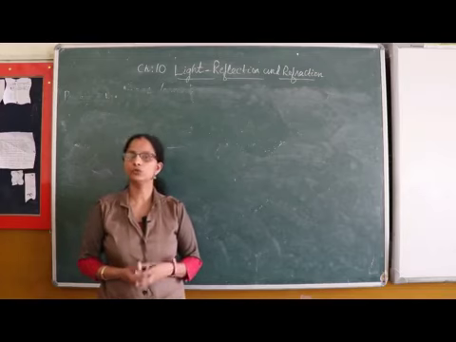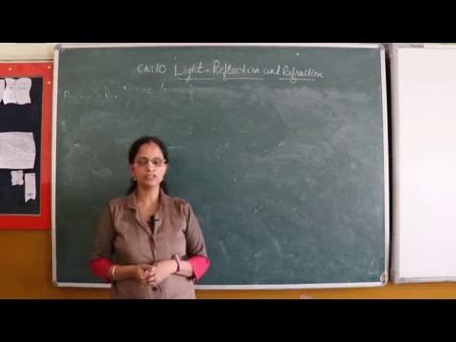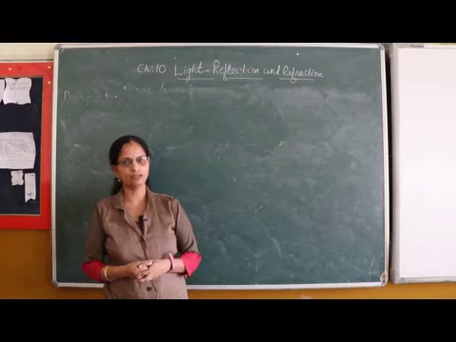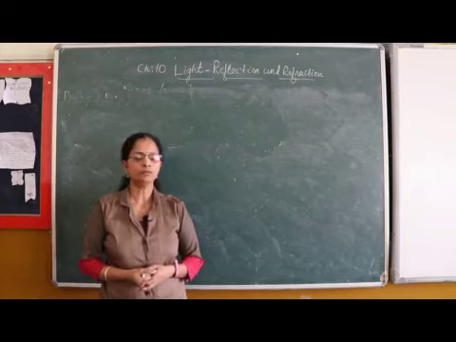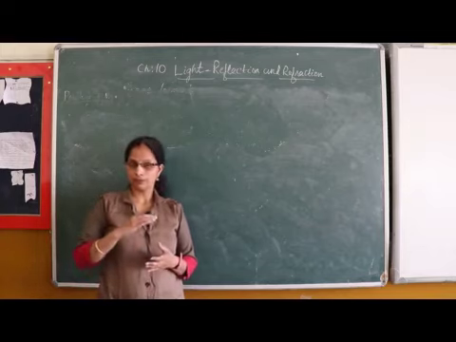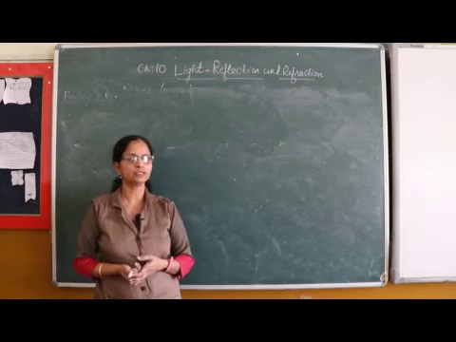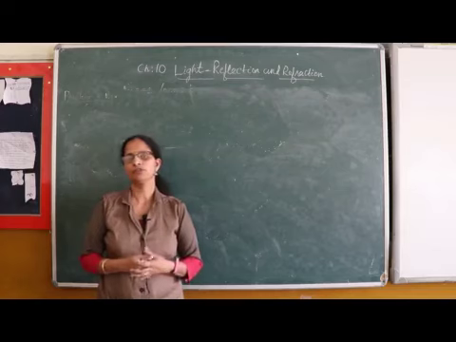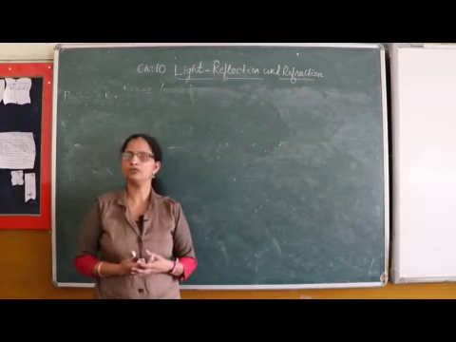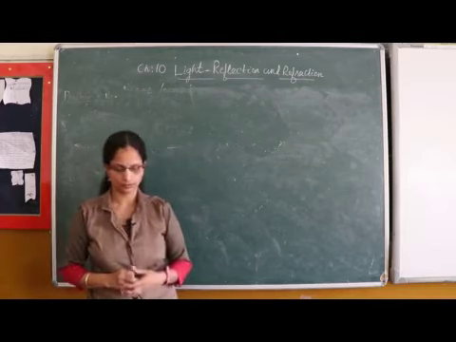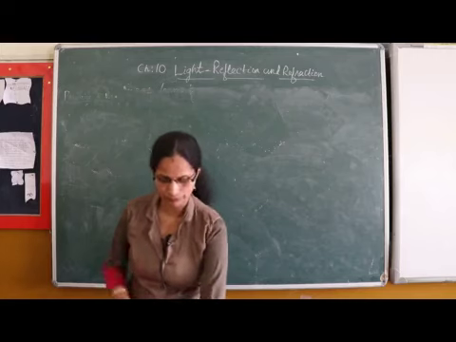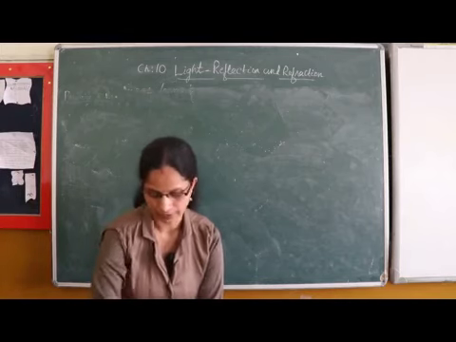So it is used as a rear view mirror so that the vehicles coming from the back side can be seen. And moreover, it is curved outward so that it can cover a large field of view. So these are the main uses of convex mirror.